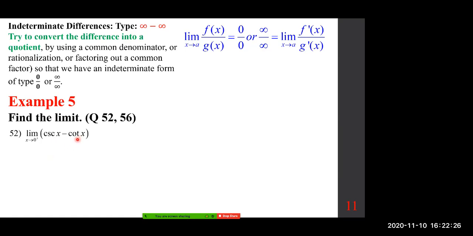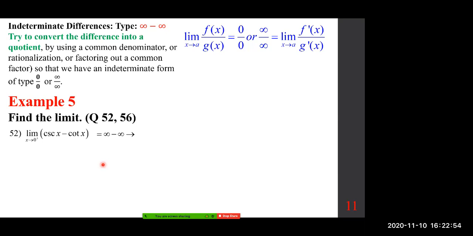And cotangent is 1 over tangent. Remember x is approaching 0, and I hope you remember the graph. So in both cases we end up with infinity. This is 1 over 0 from the right, so it's infinity. And cotangent on the right of 0 is also infinity.